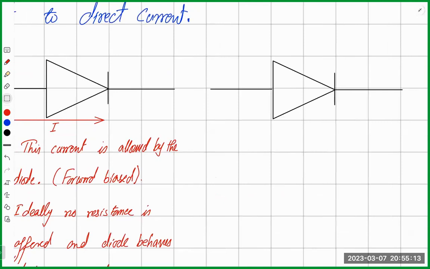Now, what if current is going in the other way? Like current wants to go this way. Do you think this direction agrees with the direction of the diode?